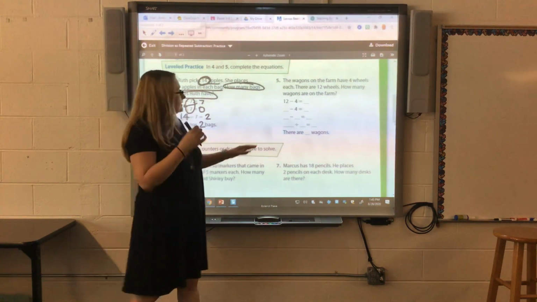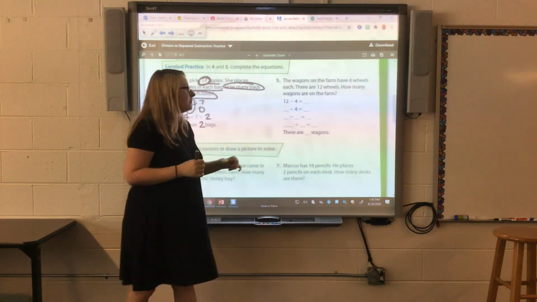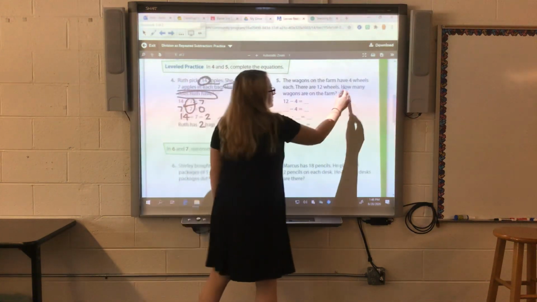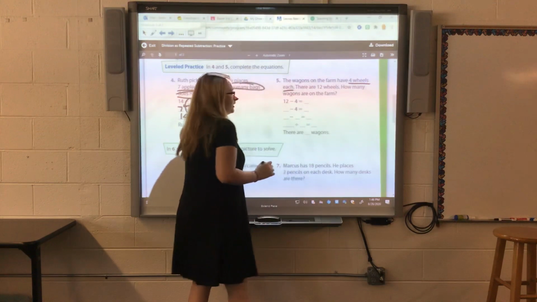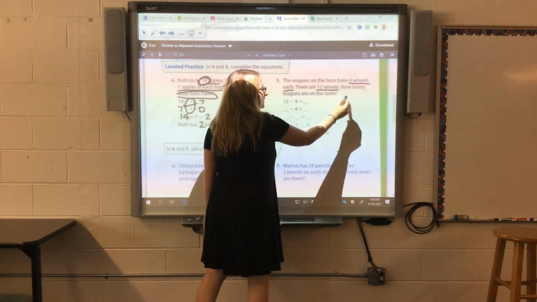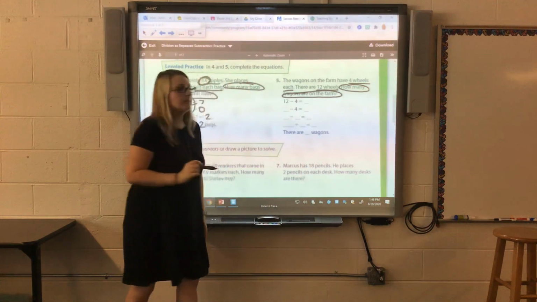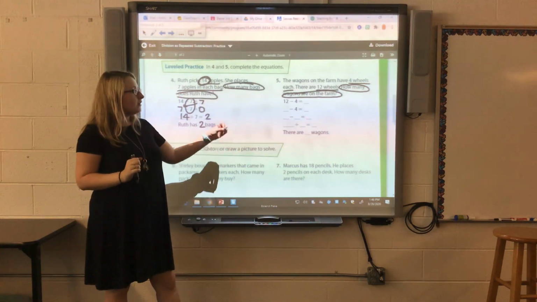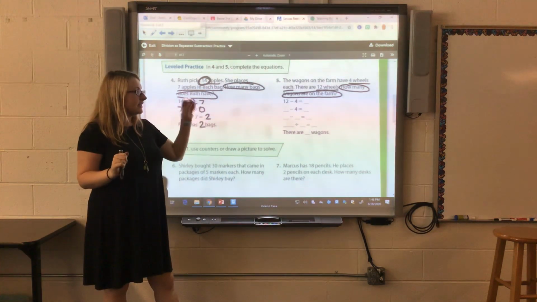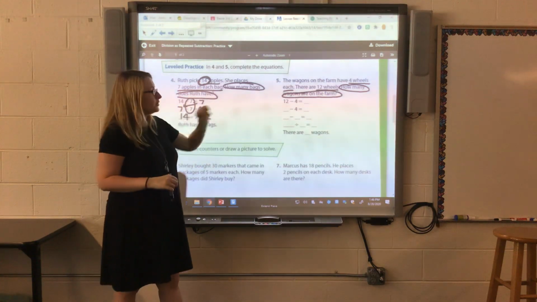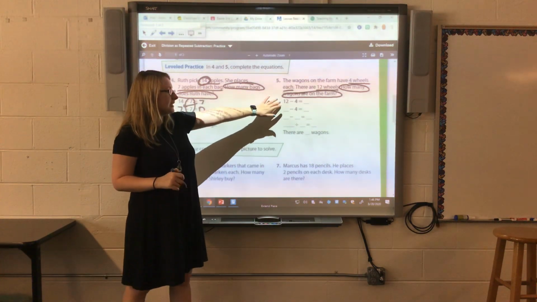Number 5 says, the wagons on the farm have 4 wheels each. There are 12 wheels. How many wagons are on the farm? So there are 12 wheels, and each wagon has 4 wheels. So we start with 12 because that's our biggest number.